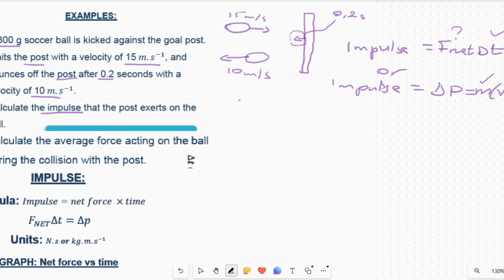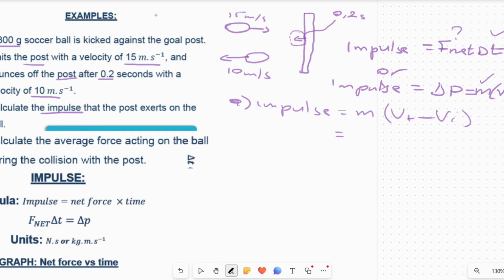So to answer that, the impulse is going to be equal to the change of momentum of the soccer ball. Then remember the direction here.